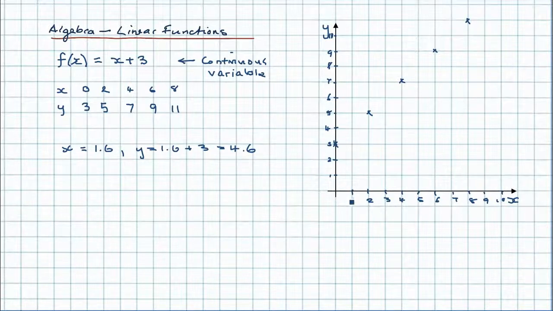So in other words, when x is 1.6 here, roughly, then we go up here and we would find 4.6, which must be roughly here. Now you can see what's going on here. If I kept doing this for the whole afternoon, then what would happen is eventually these will join together to form a line.